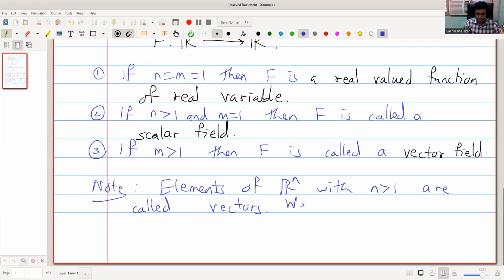We denote them using a bar. For example, x bar equal to (0, -3) in R2.